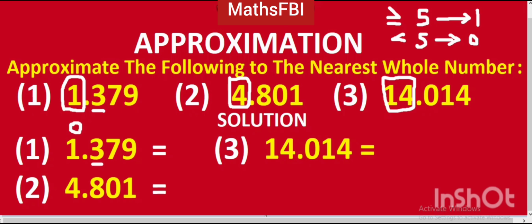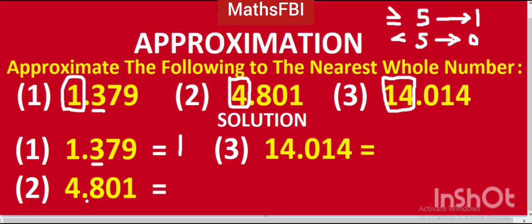So 0 plus 1 is 1, which means the answer is going to be 1. We have rounded this to the nearest whole number, which is 1.